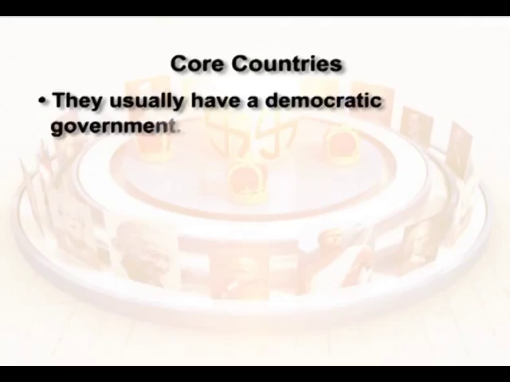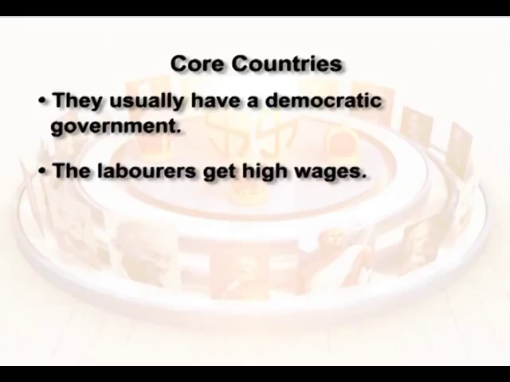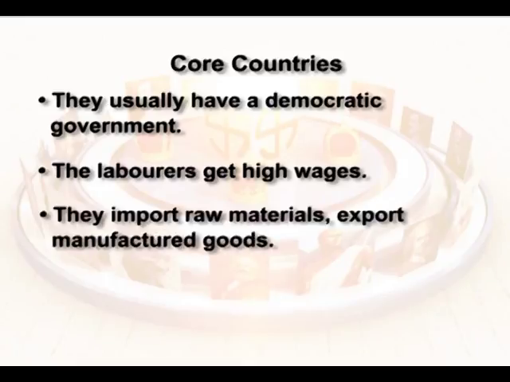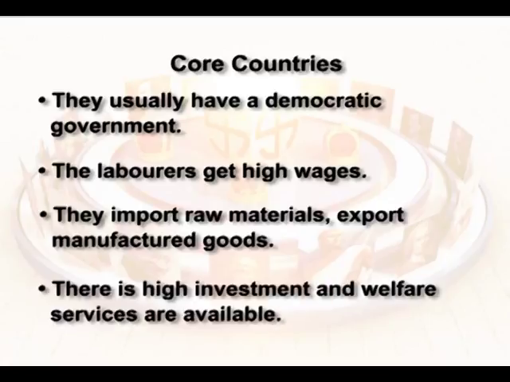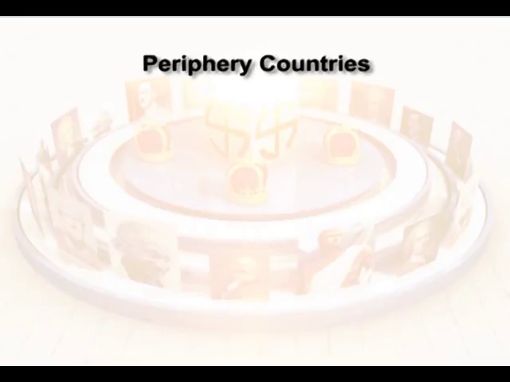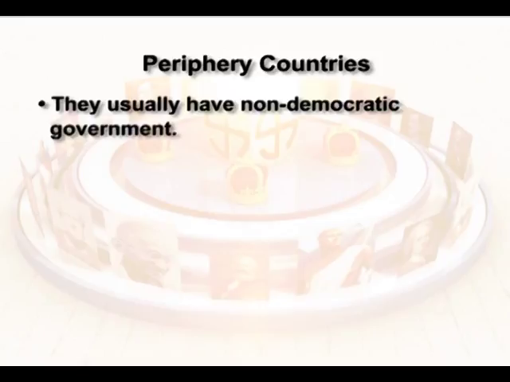Now, we would mention some of the features of core, semi-periphery and periphery countries. The core countries usually have a democratic government. The laborers get high wages. They import raw materials, export manufactured goods. There is good and high investment, and welfare services are there. A periphery usually has a non-democratic government.